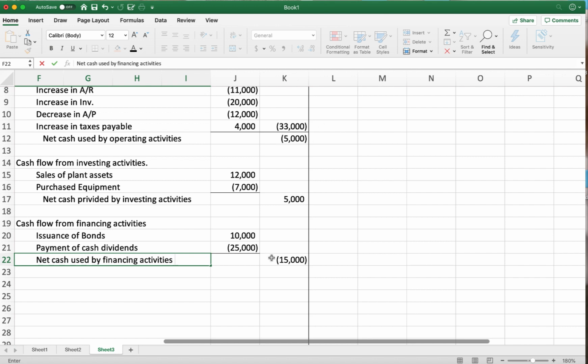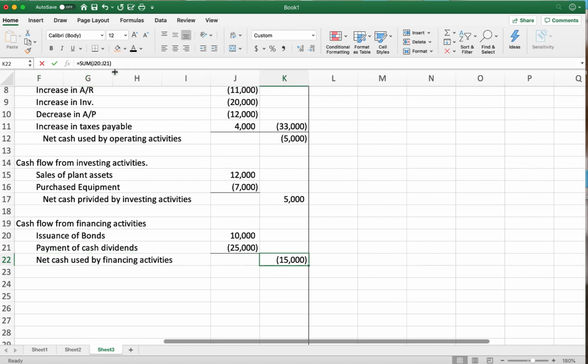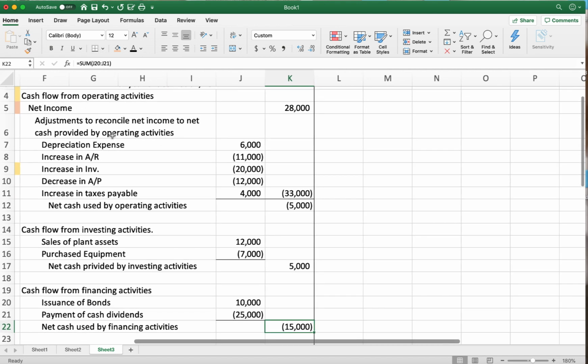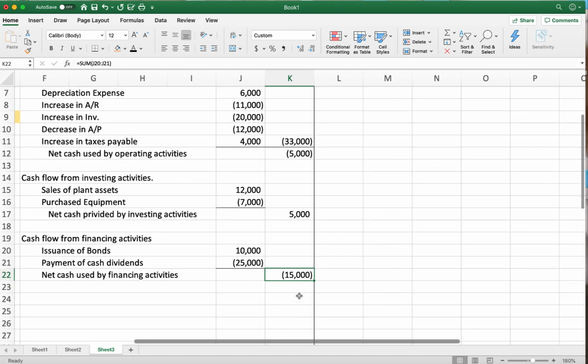Okay. So now we need to figure out, based on all three of these activities, operating, investing, and financing, what is the net change, right? And that's pretty easy for us to do.